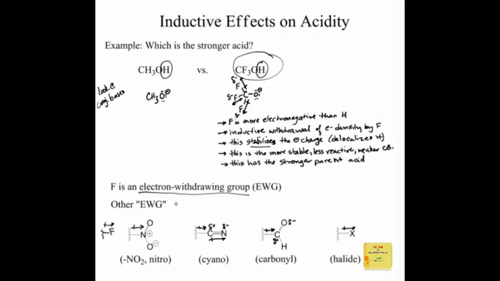And so what these have in common is these would all stabilize an adjacent negative charge. What if I had a positive charge next door? Now, we're not going to see that in a conjugate base, but what if I had a positive charge, an electron deficient site here?